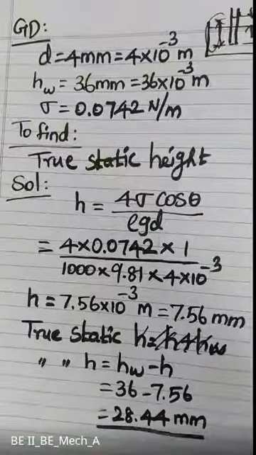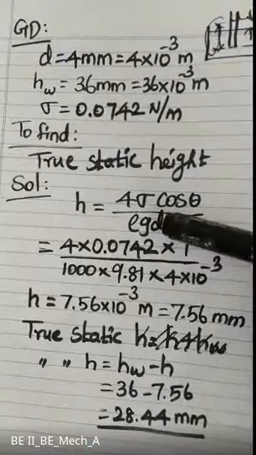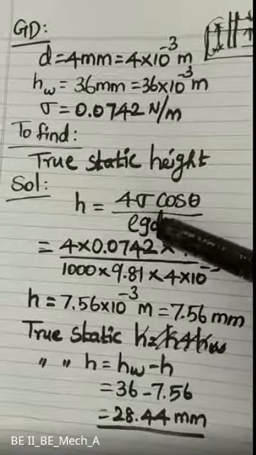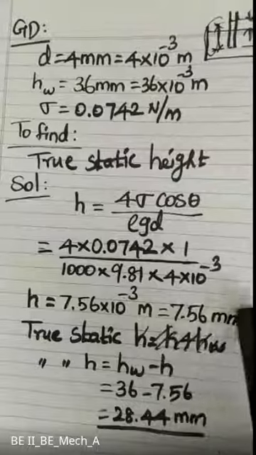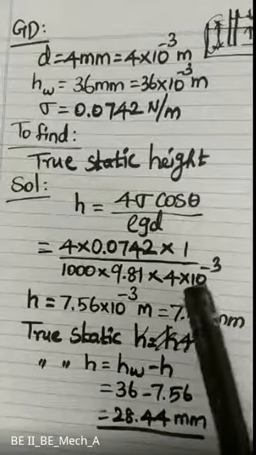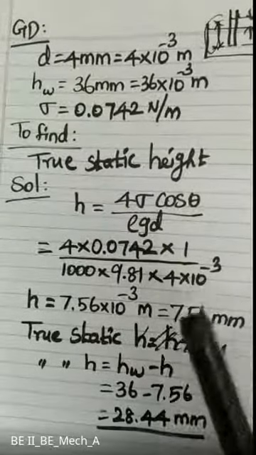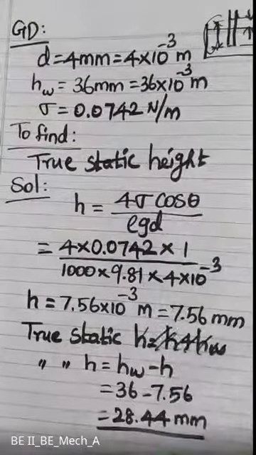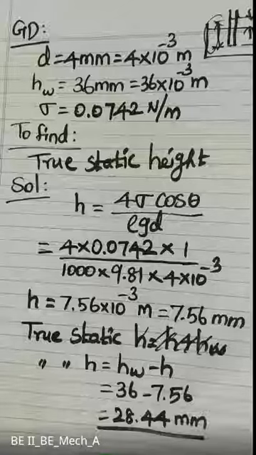Can you understand my question? So if the diameter is very less, so that you are getting a particular level of capillarity here, it is 7.56. If you are increasing this diameter value, what will happen with the capillarity? Capillarity will decrease.